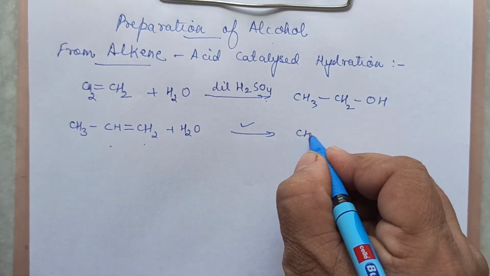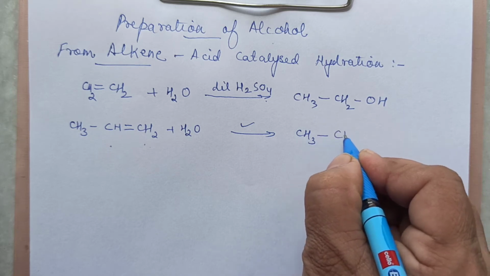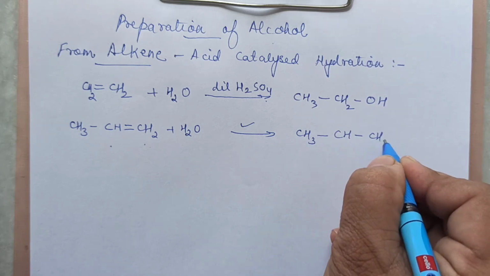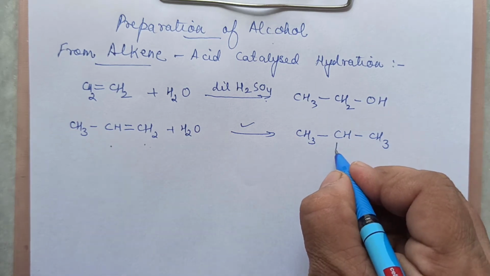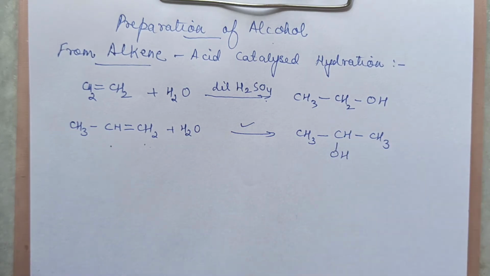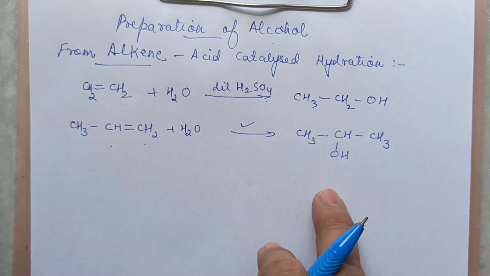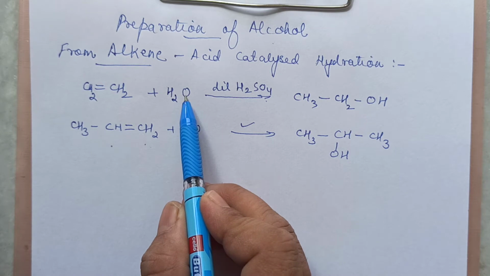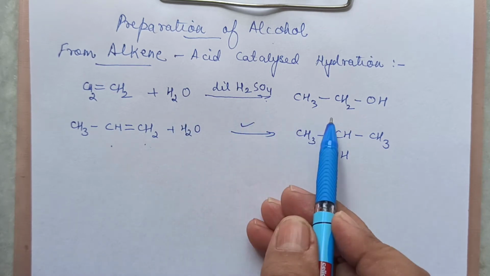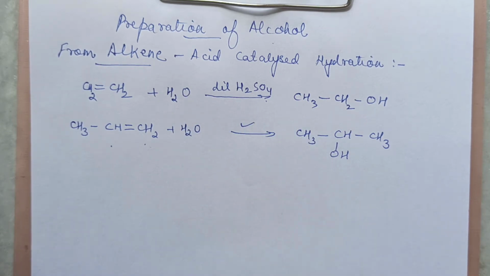That is as per Markovnikov's rule we are adding. So we will be getting this as a single bond, and one hydrogen will be added here, OH will be added here. You will get this. At times, some rearrangement is also possible. We will be discussing those cases, right? So this is the simple reaction: when we write alkene, water, dilute sulfuric acid, you get the corresponding alcohol.